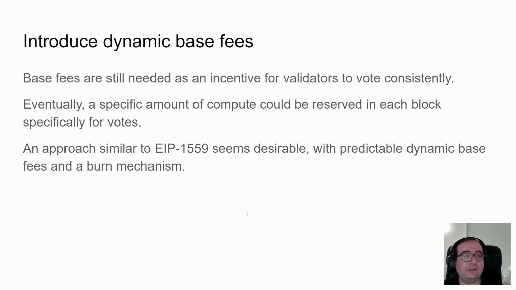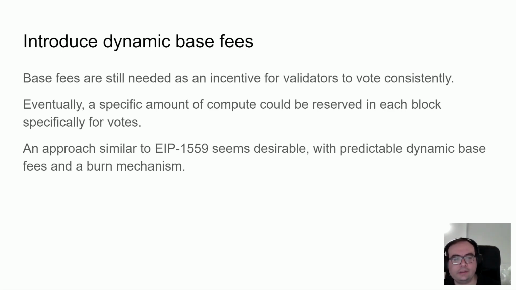And the last point is to have dynamic base fees rather than static base fees. So this will be another change. As a reminder, it is good to know why base fees are even there and why they can't be zero. That's because you need an incentive for validators to vote consistently and not try to do weird things or think about what is profitable or not.